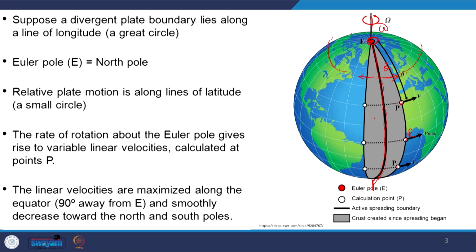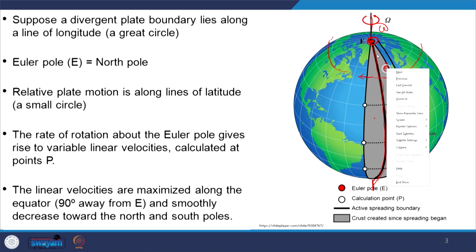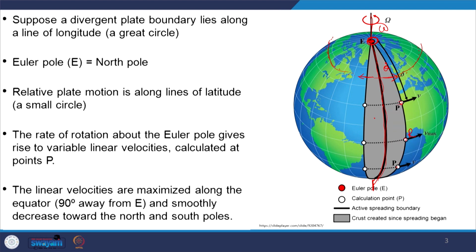How much distance this Q will move from this plate boundary, how much distance this P will move, and how much distance R will move, that defines the rate of angular velocity away from this point of rotation.